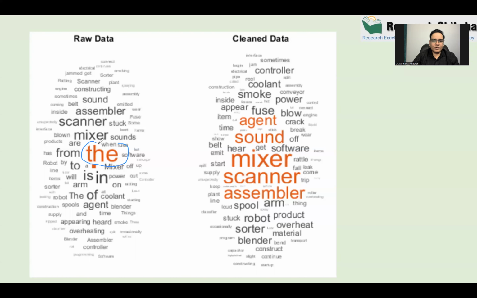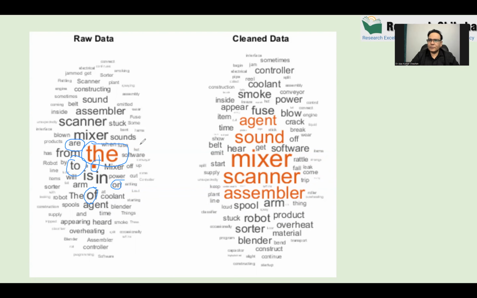This word doesn't have any meaning. Similarly, there are many words which don't have any meaning, like this dot, to, of, on. So some of the words are not important at all.